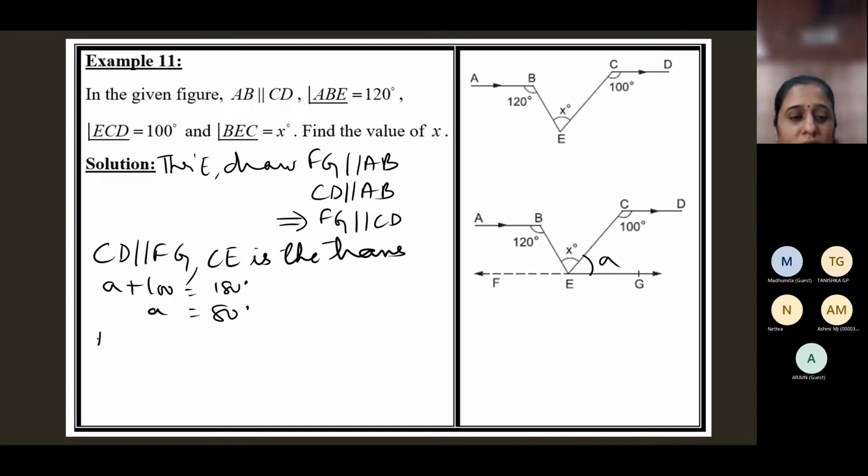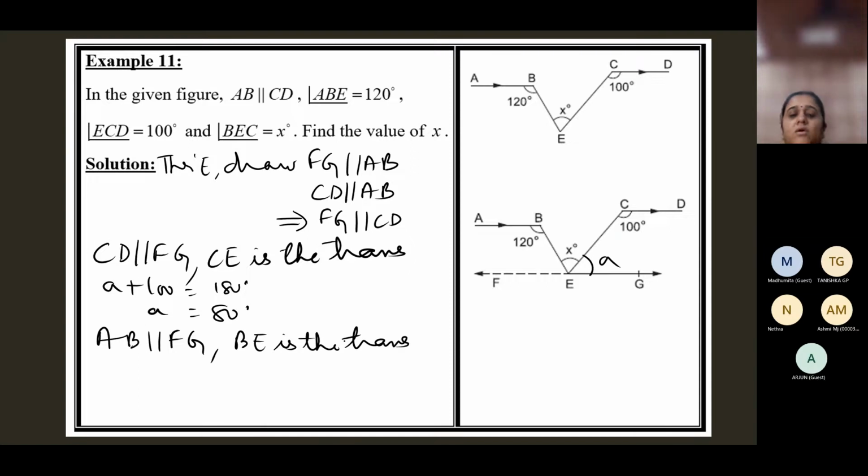Now AB is parallel to FG, and BE is a transversal. We know that alternate angles are equal. See here, parallel line, transversal, parallel line. This is 120, and this one is X and A together.